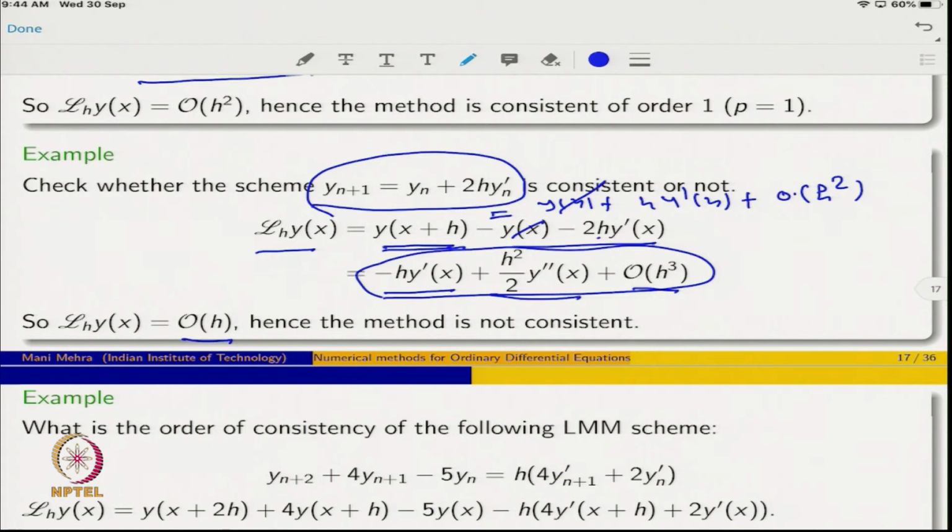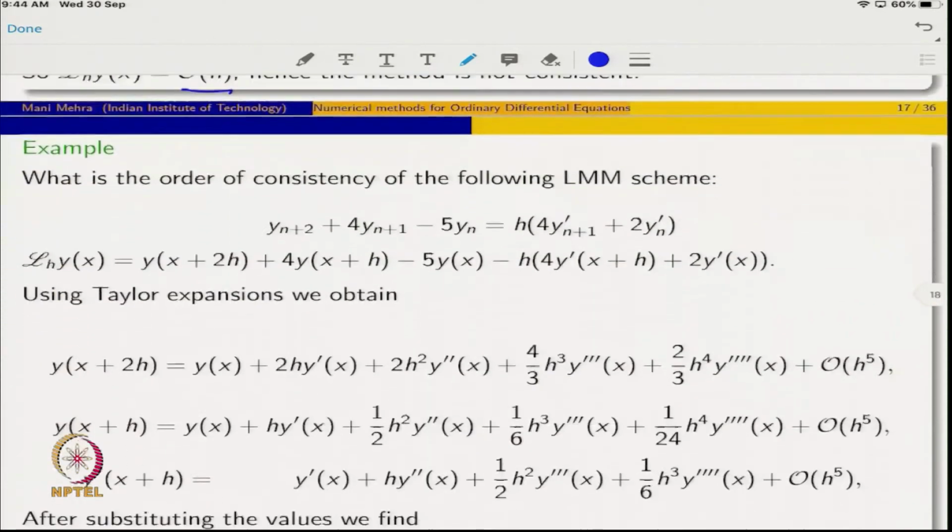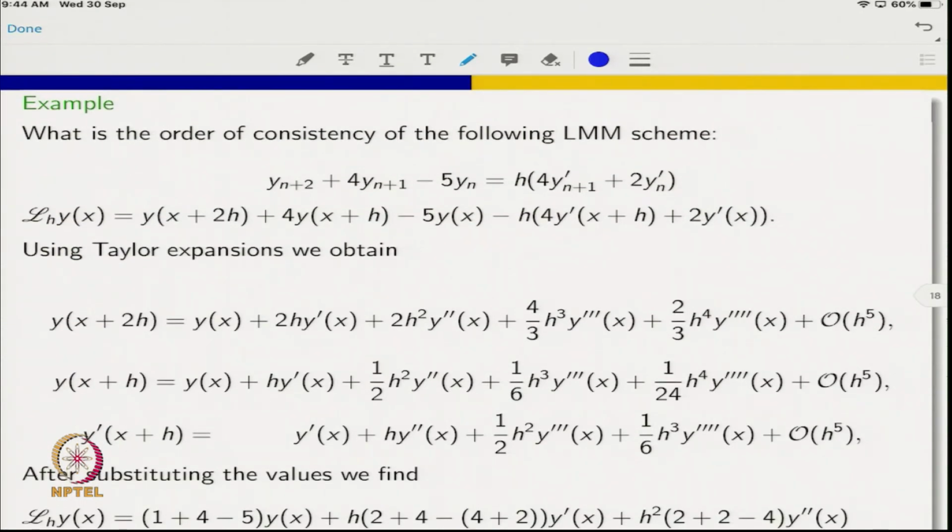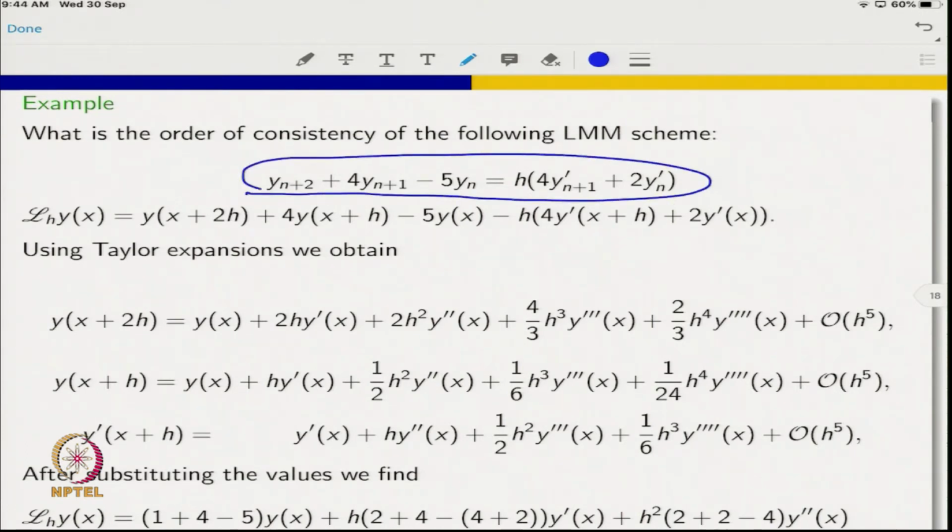Now, in the next example, our aim is to find out what is the order of consistency of the following linear multi-step method or difference scheme. So, the scheme is given to us like this. Now, if I want to determine the order, again I have to follow the same procedure.